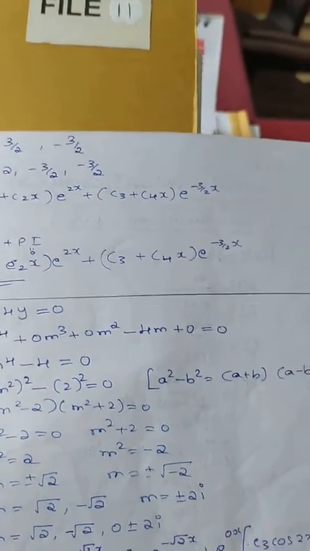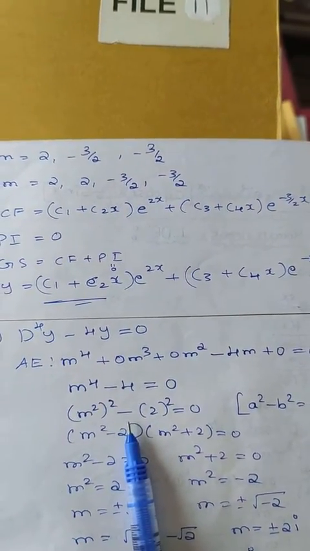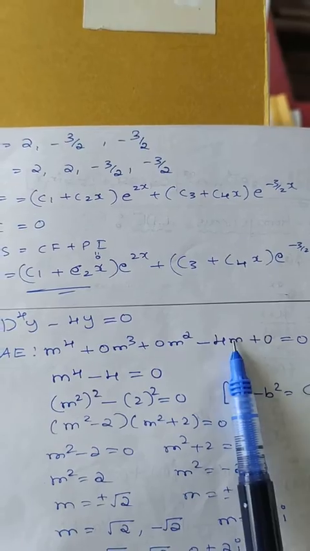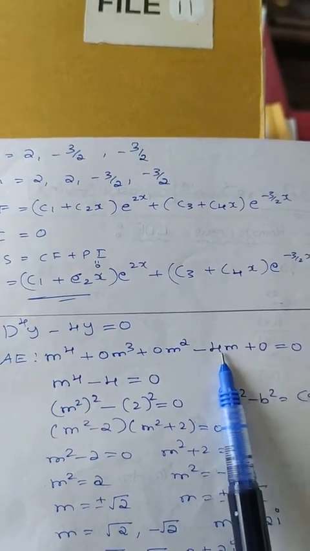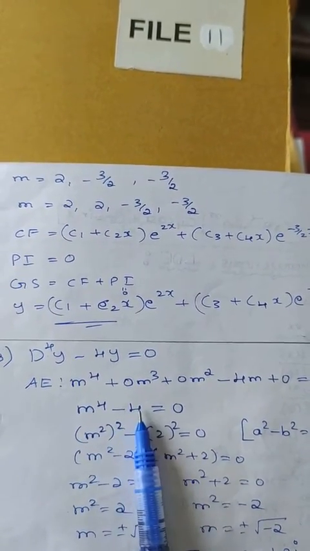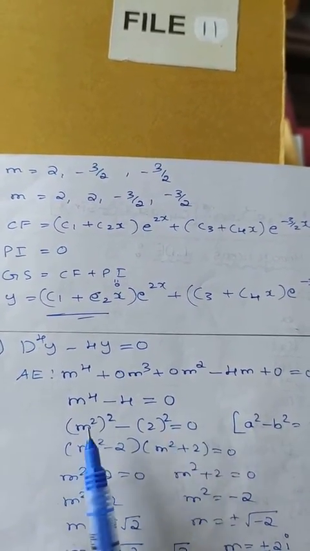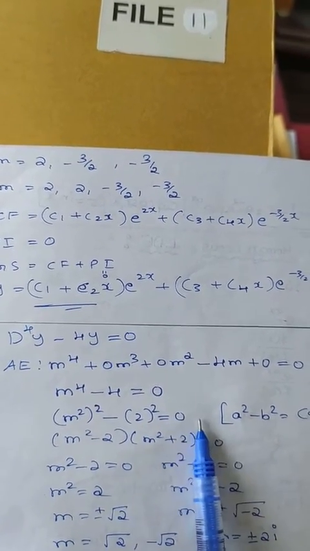Here there is some mistake, leave it. Okay, come to this one. m power 4 minus 4 is equal to 0 is the auxiliary equation. This can be written as (m square) whole square minus 2 square is equal to 0.